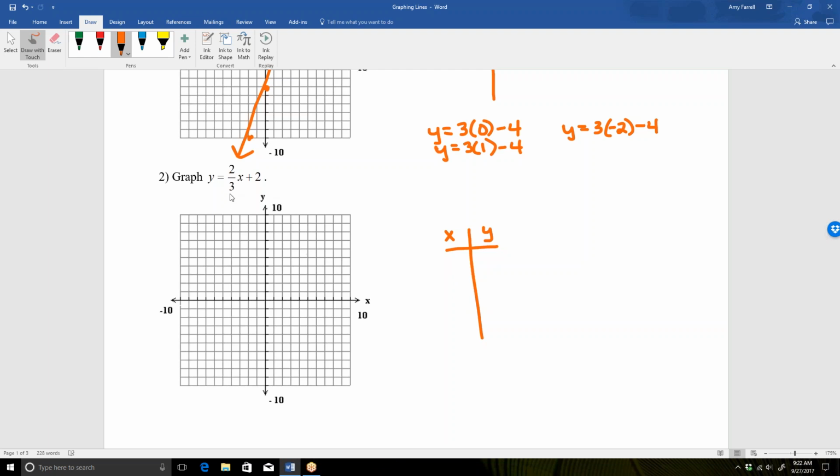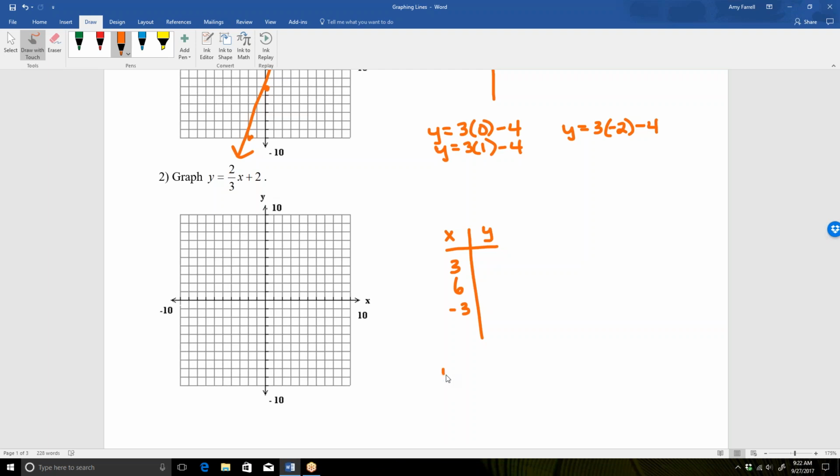I notice I have a denominator of 3. Now, you don't have to, but it's going to make the math easier. So maybe I'll plug in 3, 6, and negative 3. You could plug in whatever you'd like. I'm just trying to make the math easy, and I want to get some integer answers instead of fractions.